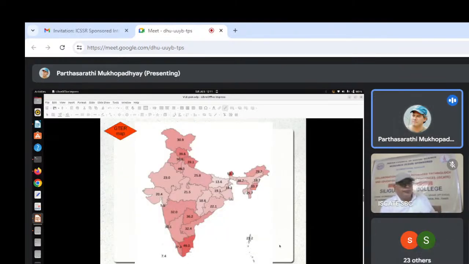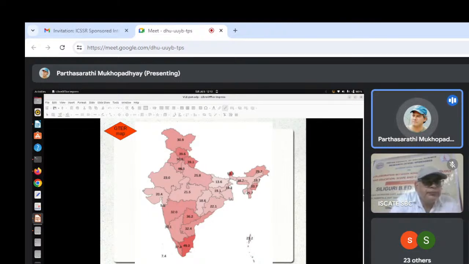Now, let us take the case of GER. You see, we are already low in number. 28.4 is quite a low figure. I will compare, and you will understand. But you see the unevenness within the country itself. This is called the GER map of India.